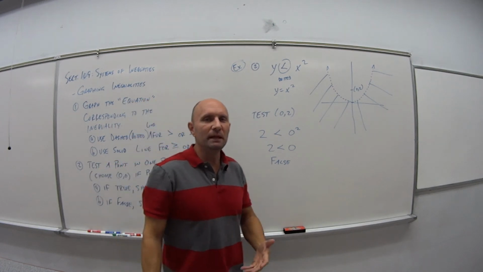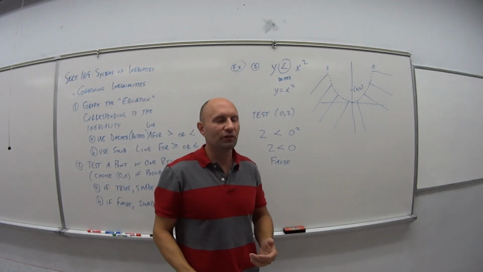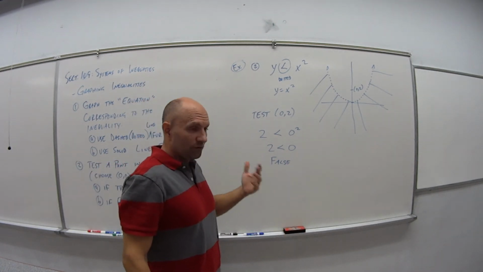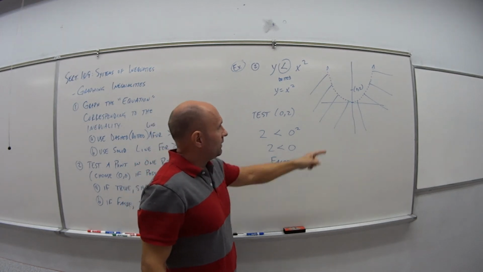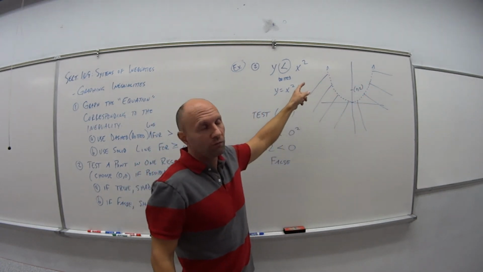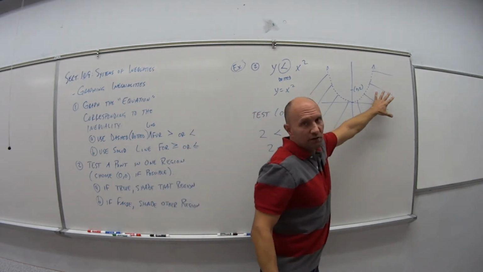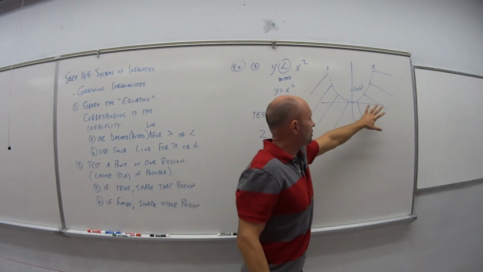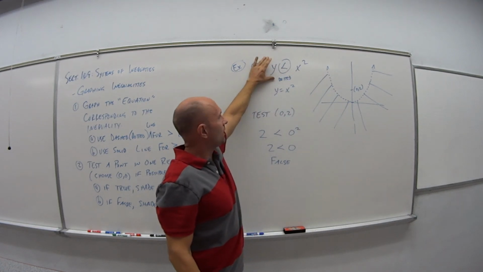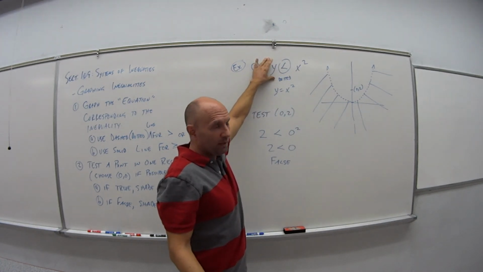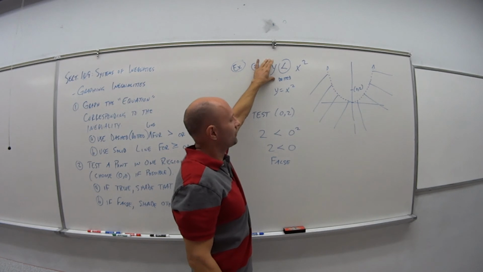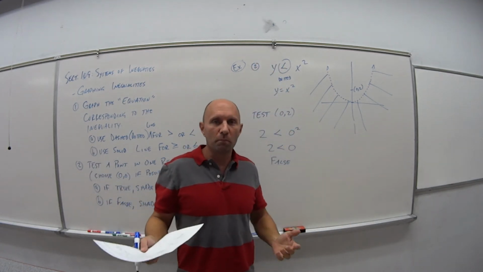What this means, and I should have explained this in our first example, is that this is an inequality. With an equal sign, we have just the line itself. The inequality means I can choose any of these points in the shaded region, and it makes this inequality true. That's why we're picking a test point and then shading the other side, because it's completely random what point I pick.